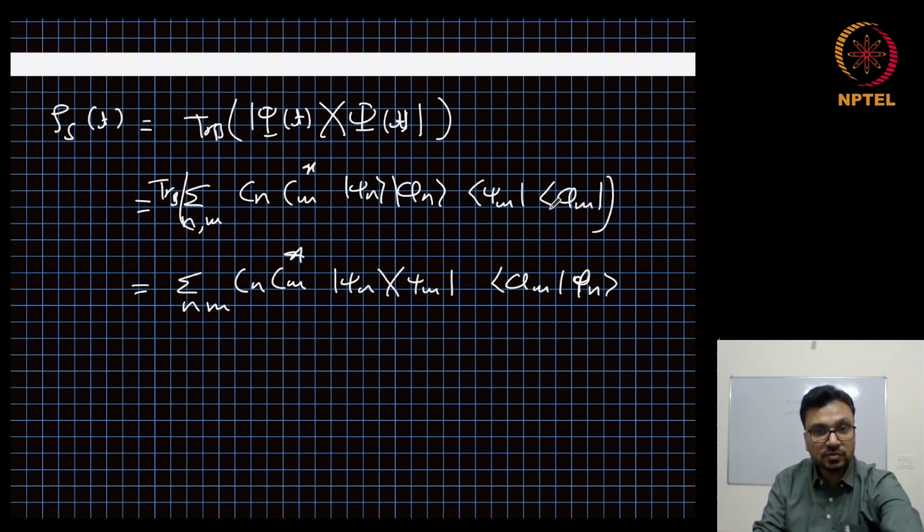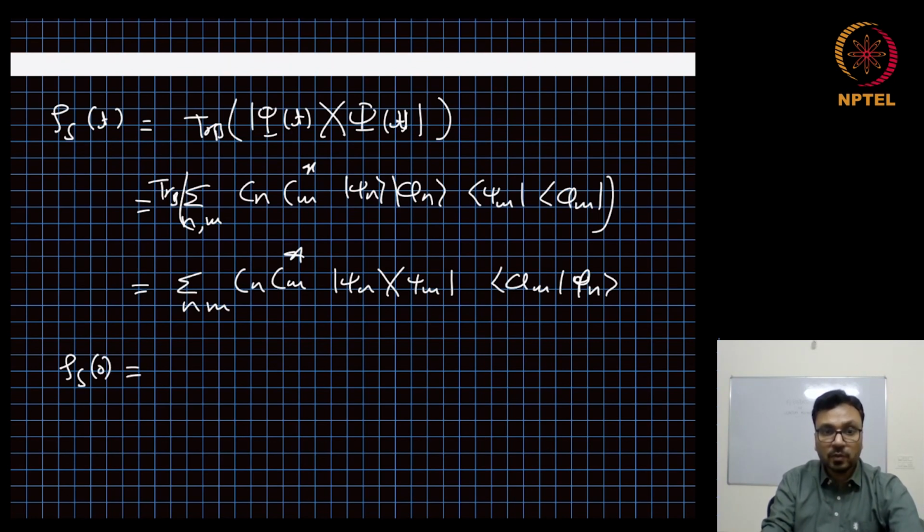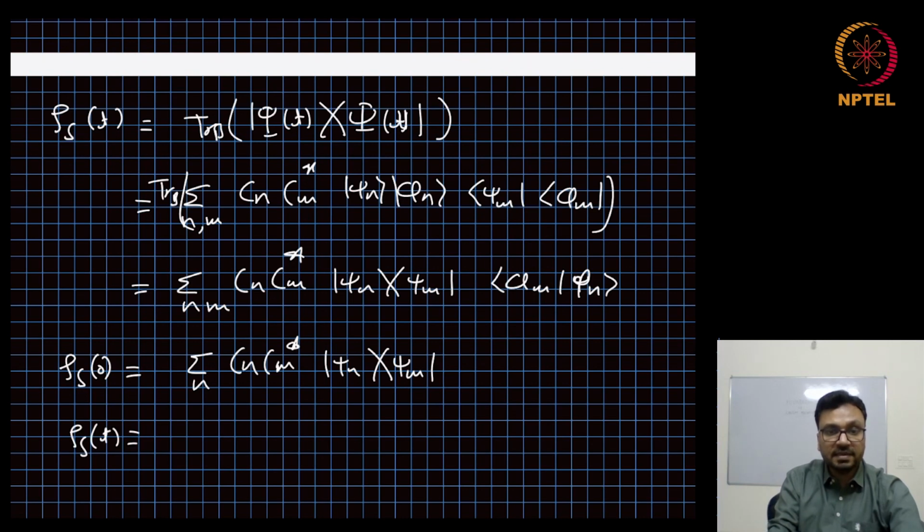Just to see what happened in the beginning, our ρ_s at time 0 was the sum over n, m of c_n c_m* |ψ_n⟩⟨ψ_m|, and ρ_s at time t is the sum over n, m of c_n c_m* ⟨φ_m|φ_n⟩ |ψ_n⟩⟨ψ_m|.